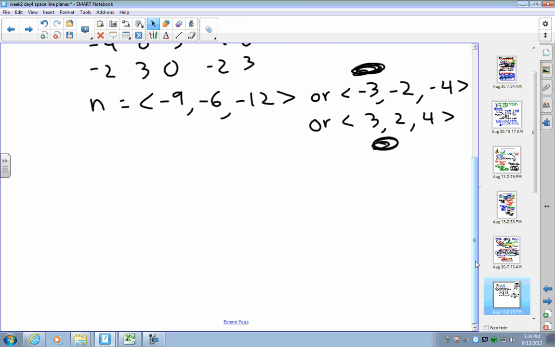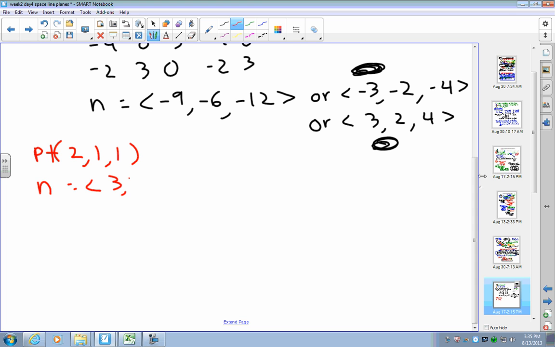Okay? So now, if I have a point, which I do, let's use the point 2, what was it, 2, 1, 1, I think? Yep, 2, 1, 1. And I have the normal, which I'm going to use as 3, 2, 4. We can do the standard equation first.